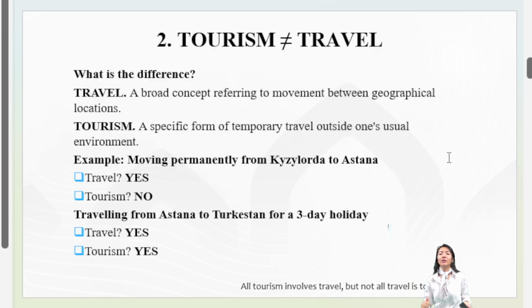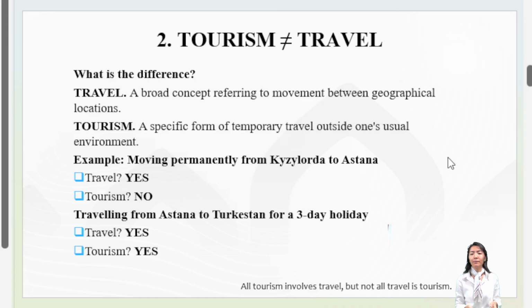Yes. And tourism? Yes, because it has movement with a specific purpose. So all tourism involves travel, but not all travel is tourism. That's why we should understand these basic things.